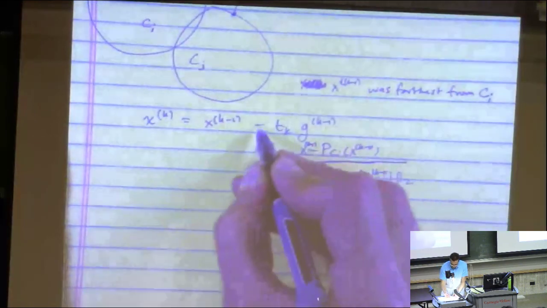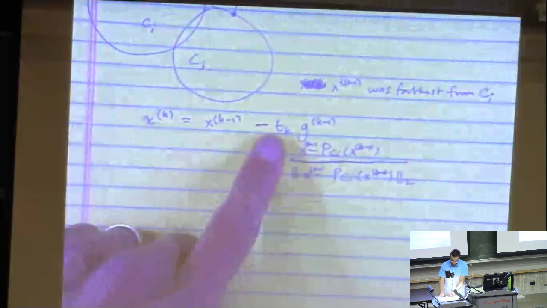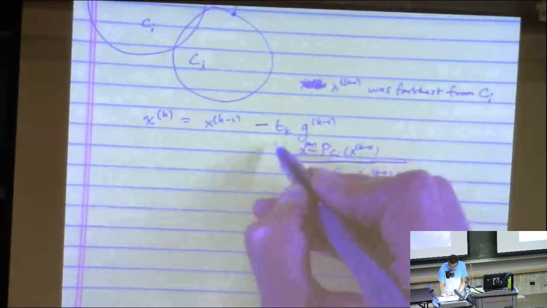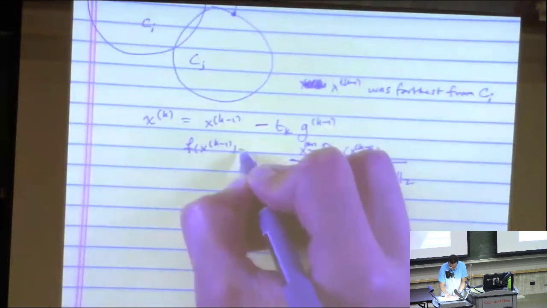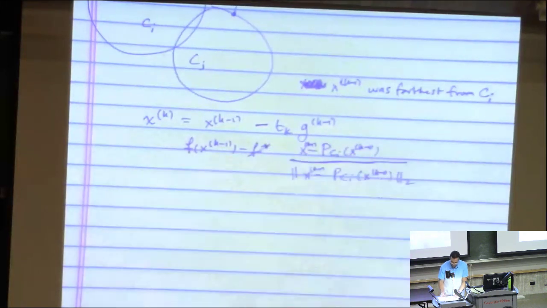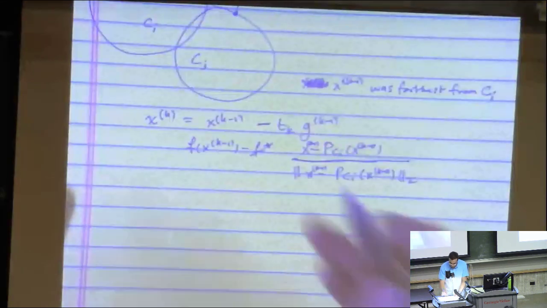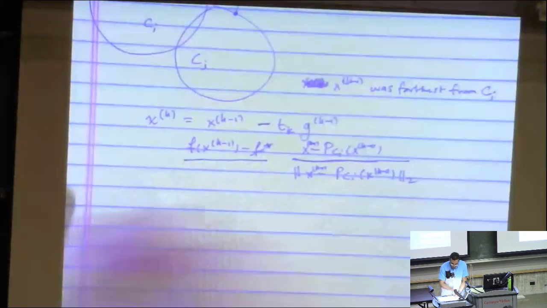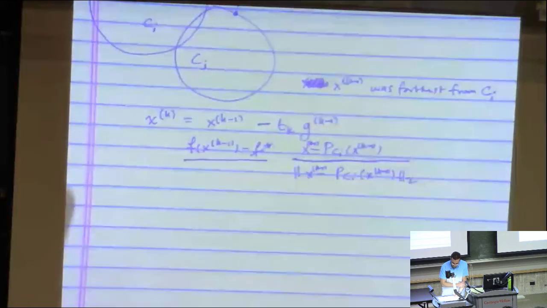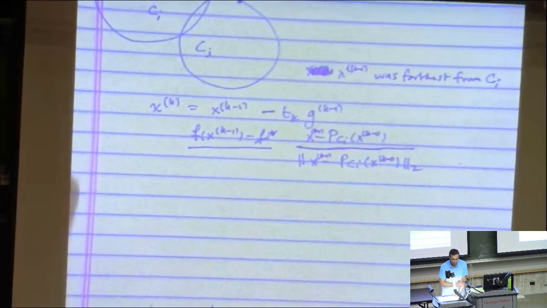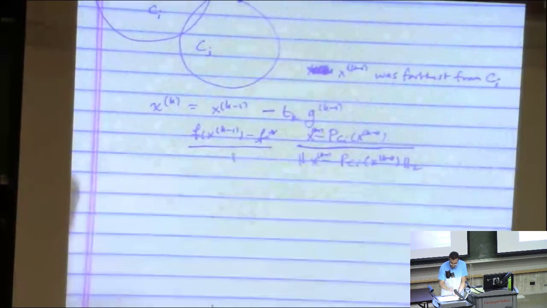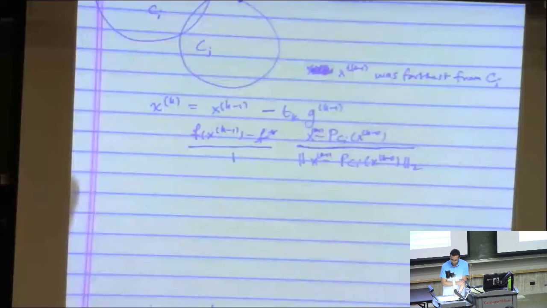And I'm going to use for t_k the Polyak step size. So for t_k, I'm going to do f of x_{k-1} minus f star, and that was 0 for us, because we know that the sets have non-empty intersection, divided by the norm of this subgradient squared, but this subgradient has just norm 1. This thing has norm 1. So that's my update.